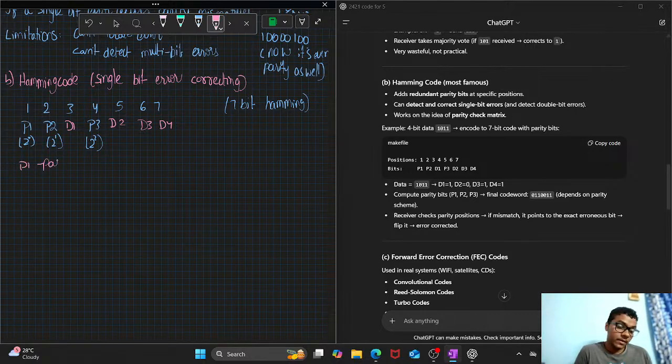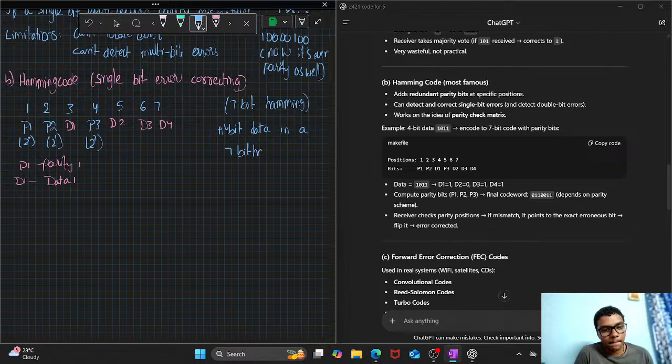So 4-bit data can be encoded in a 7-bit Hamming code.